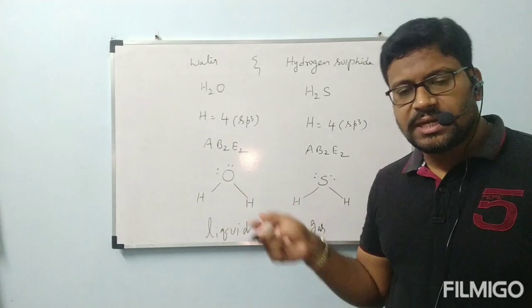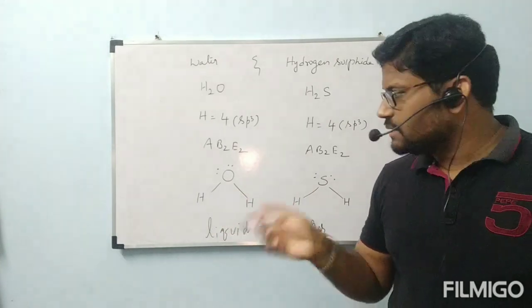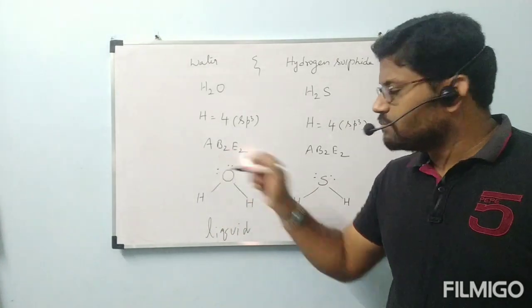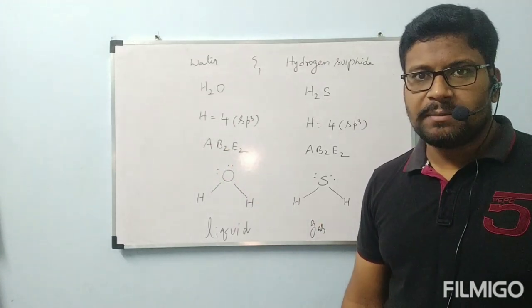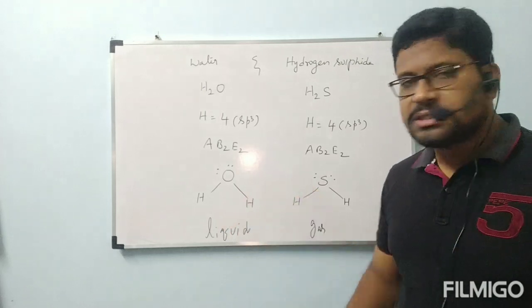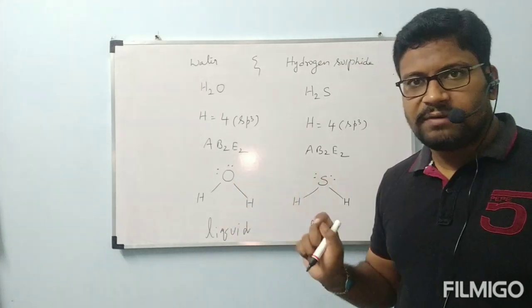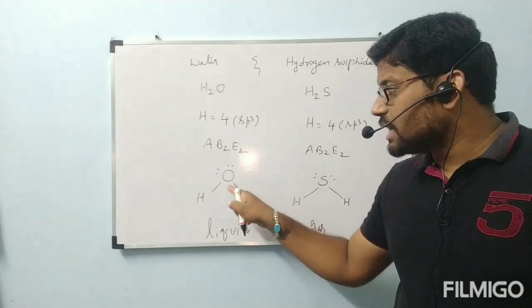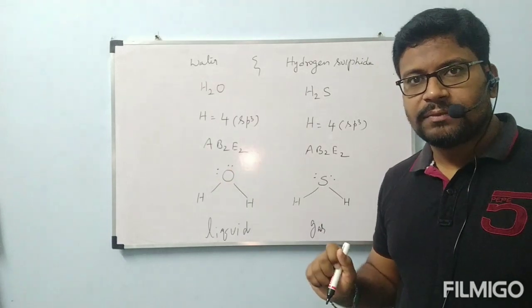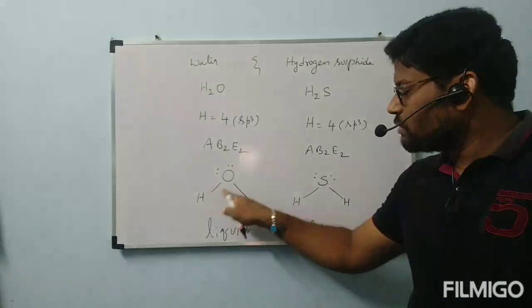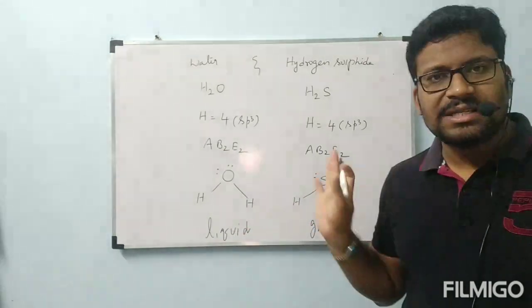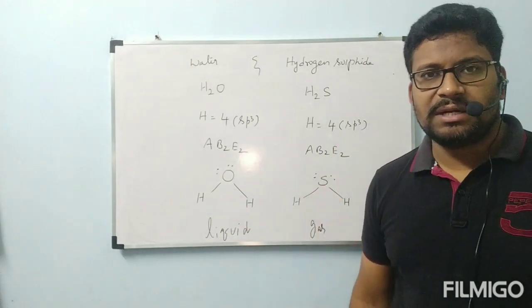Even though they have the same shape and the same model, AB2E2, only the central atoms are different. On those central atoms, the number of lone pairs is the same. Even the two hydrogen covalent bonds are the same. Everything is the same, but the central atoms are different.